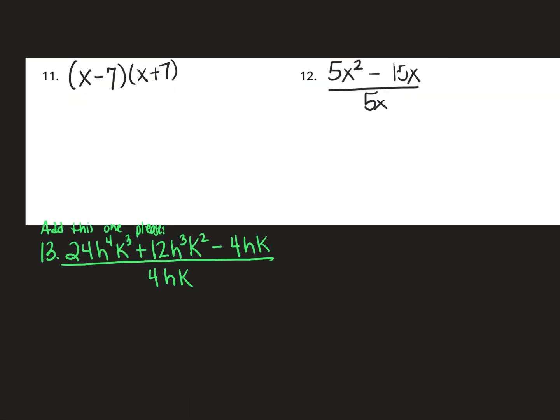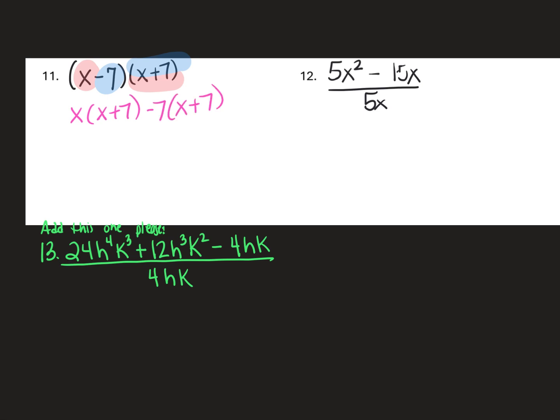For this next one, this is a special product. It's under the section for special products, but you'll see what makes it special. So I'm going to multiply x times x plus 7 and negative 7 times x plus 7. So x times x plus 7, and then minus 7 times x plus 7.